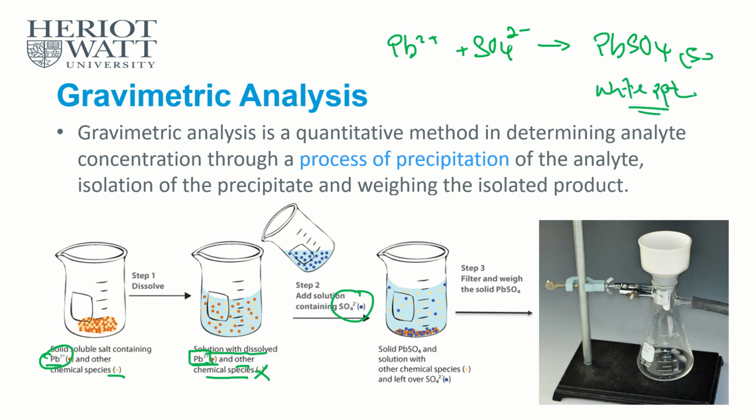So from there we can pull the Pb2 plus ions into a solid form, right? Because in ionic form we can't see anything. So that's why in step 2 we add a solution with sulfate ions into it. When you put it in and keep stirring, you can see a lot of solid form. See that? This is a solid. When Pb2 plus reacts with the sulfate added, they start precipitating and you get a lot of solid.